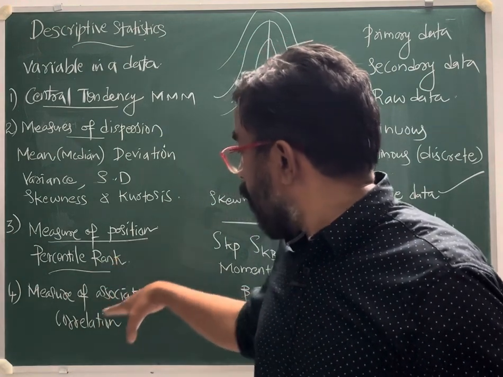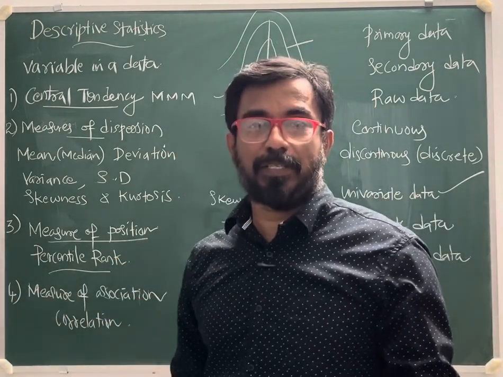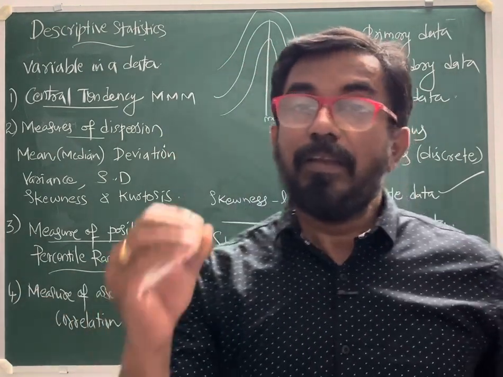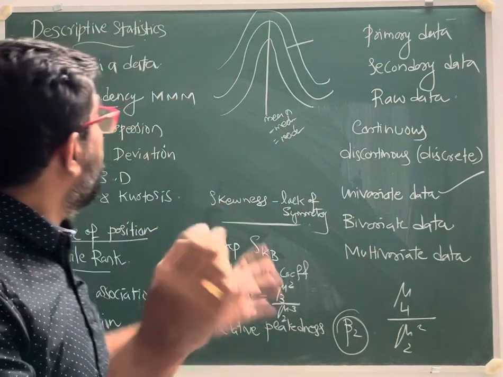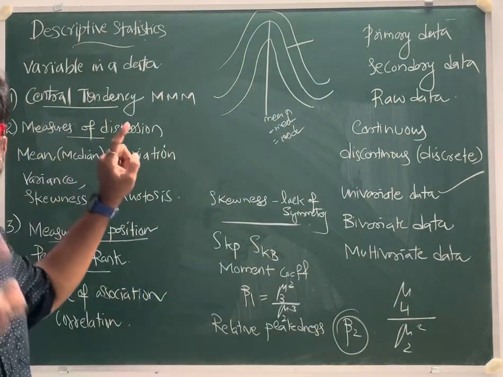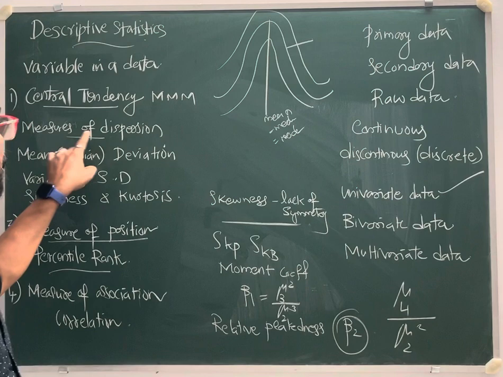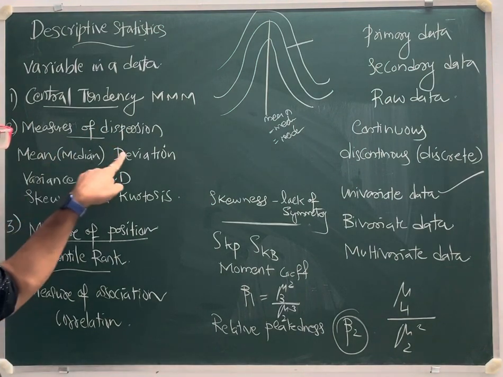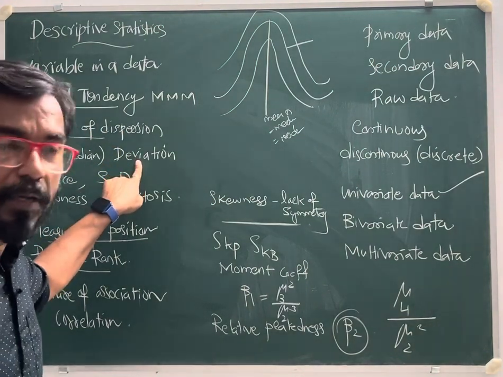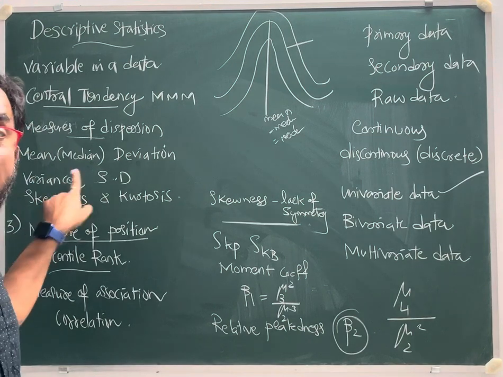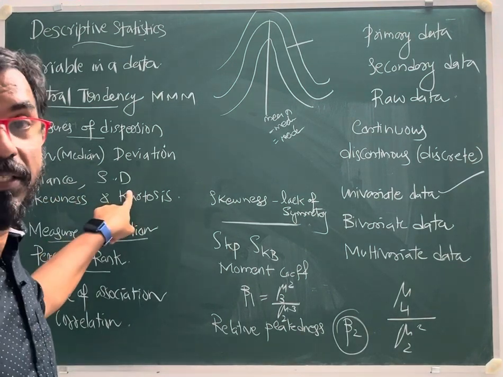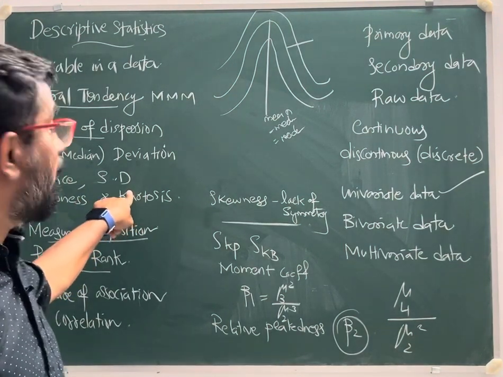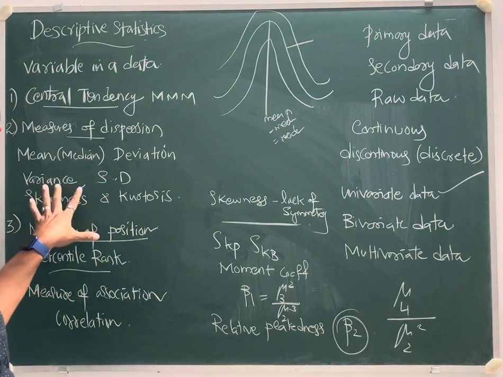Then correlation is actually a measure of association. If you remember these terminologies, that's good, but basically what you should know in class 11 are the measures of dispersion, that is mean deviation, which is an important question, variance and standard deviation. This we will use next year also, as these terminologies will come in inferential statistics.